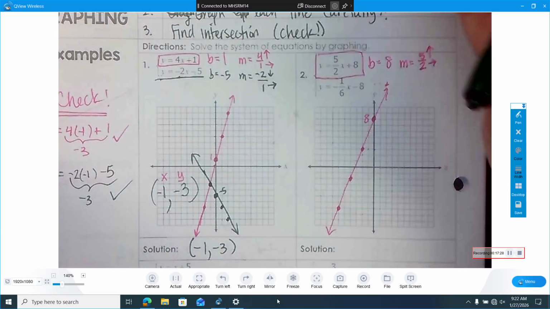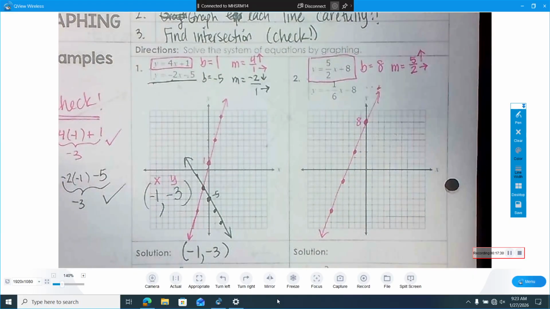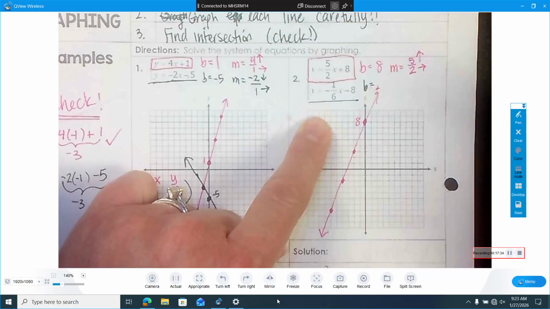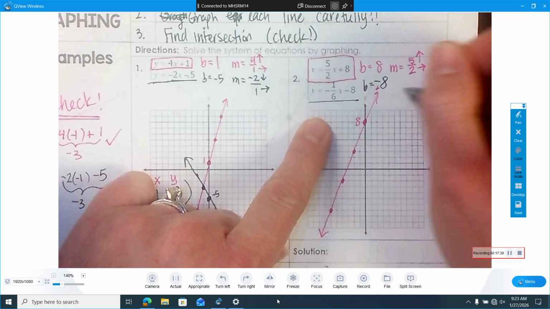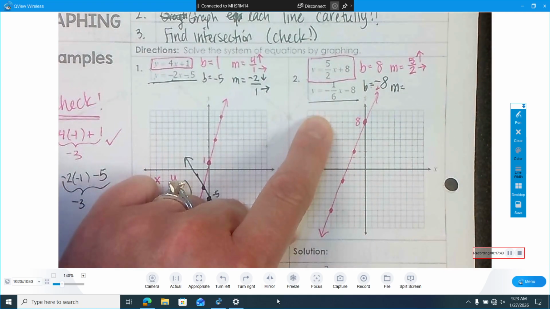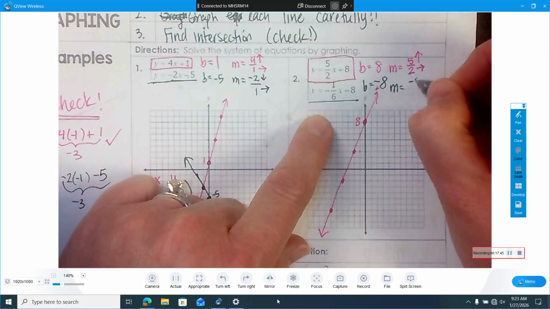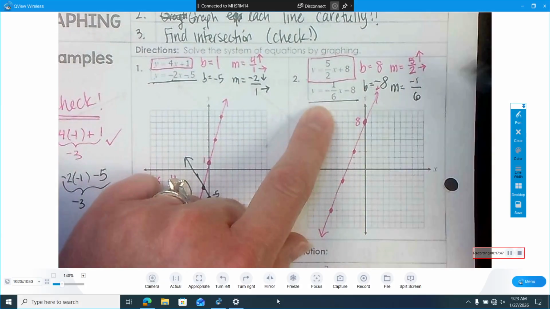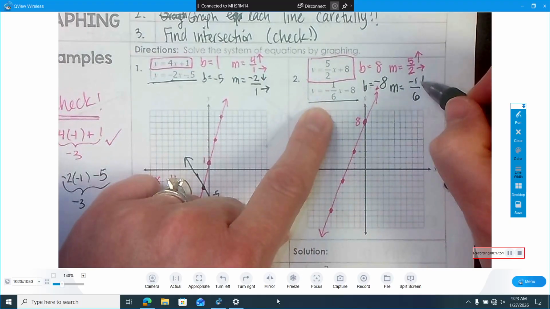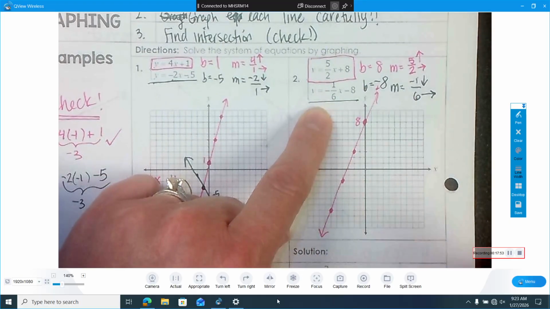All right, my second equation is also in slope-intercept form. So where do I begin for that one? What's my beginning value? Negative 8. And my slope is negative 1 over 6. So again, I'm going to put the negative with the top number, and that tells me to go down 1 and right 6. So we're going to be careful.